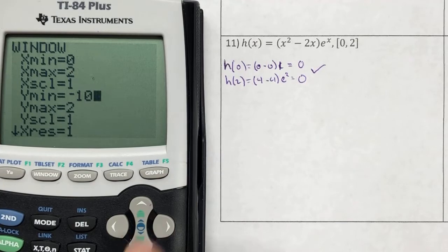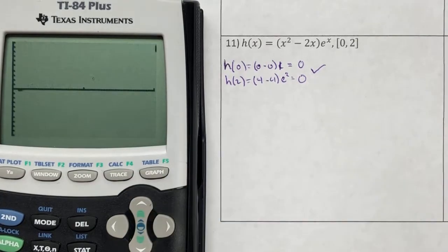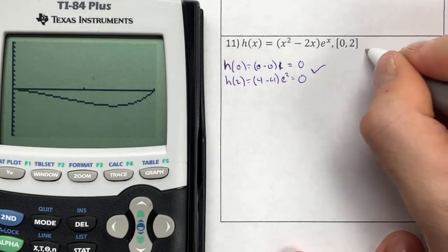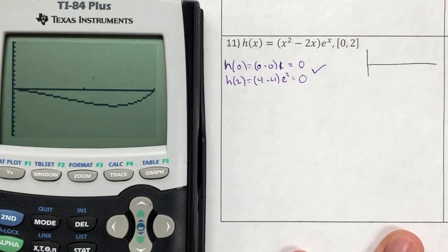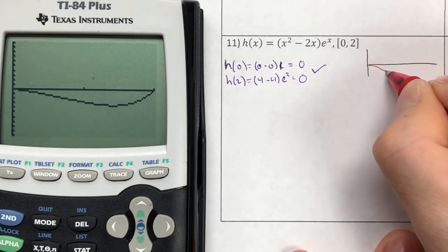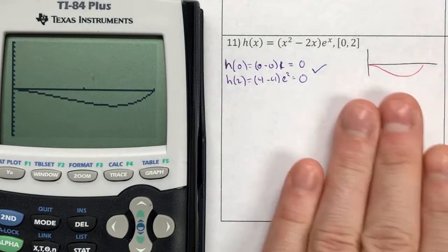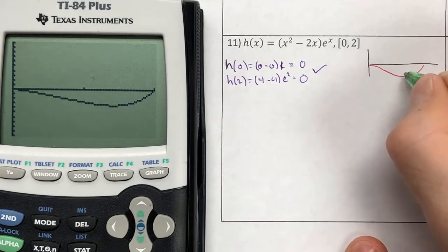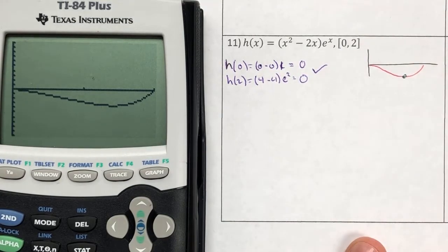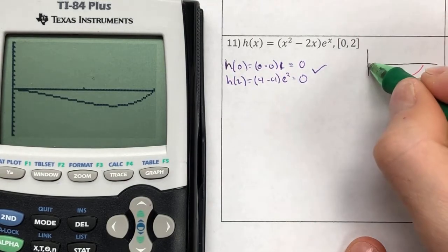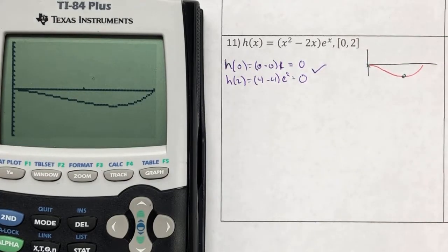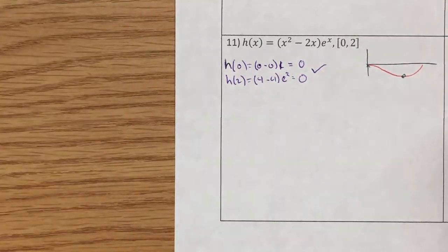Let's expand this back to our negative 10 to 10, just to make sure we see the whole thing. Okay, and that looks perfectly fine. Between 0 and 2, it looks like the graph is relatively flat, and then it pops back up. So between those two values, we should get 1. Possibly if this is flat, we might get a second one, but we're not exactly certain on that front.